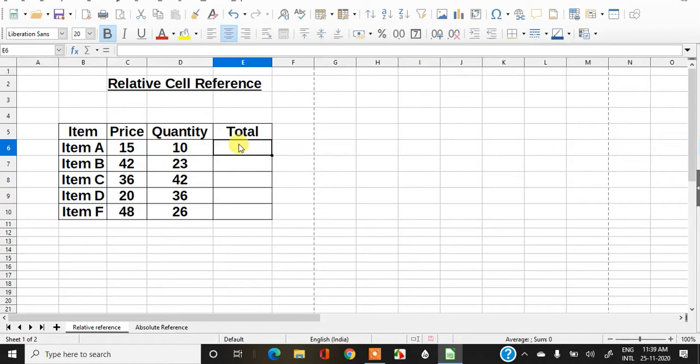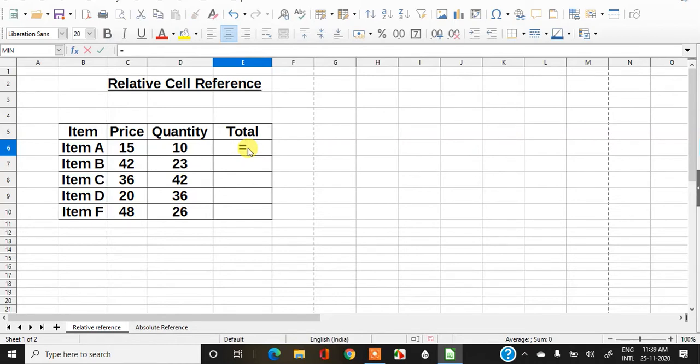Fine. So practically how will it happen? I have clicked my mouse in the cell having the cell address E6. In this cell, I am putting the formula of multiplication. I have to multiply the price and the quantity. To apply the formula, first of all I put the equal to symbol.